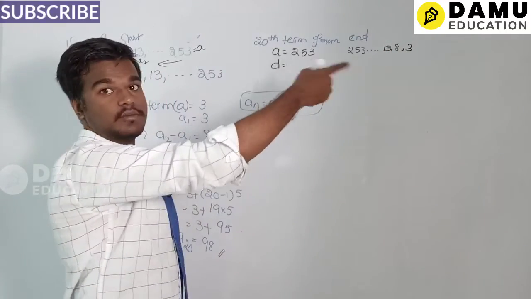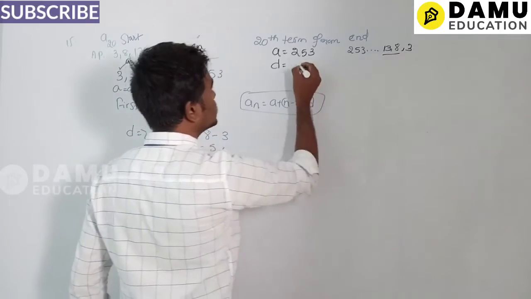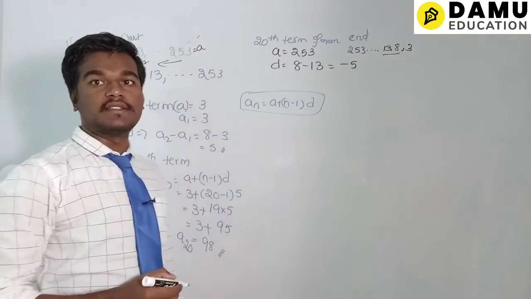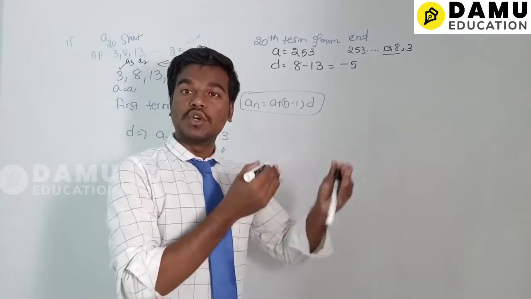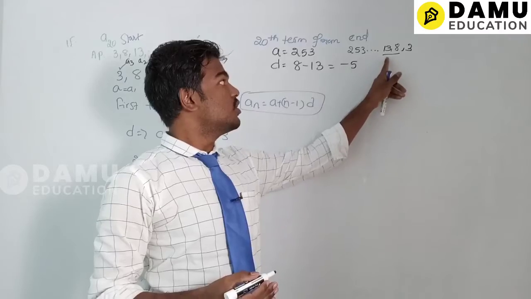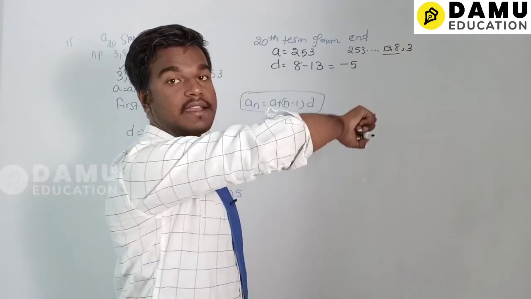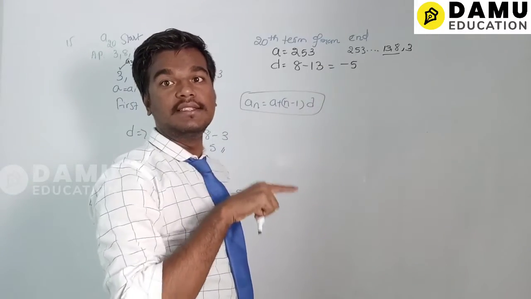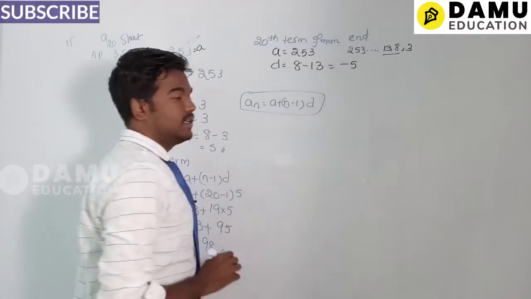So we take the difference of these two, 8 minus 13, and we get minus 5. So from the end, the series is reversed, and the difference will be minus 5.